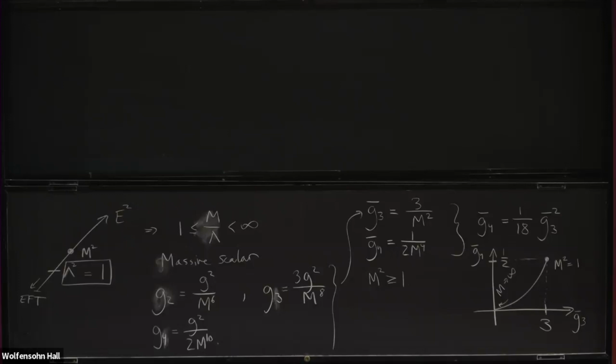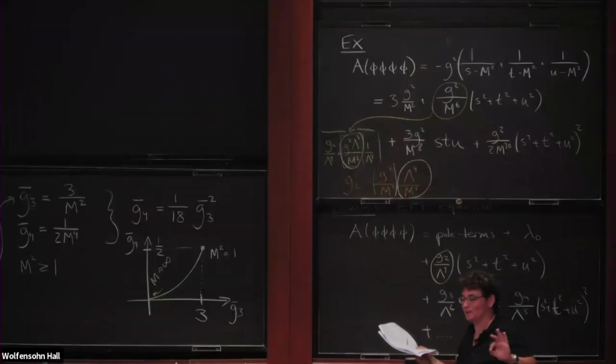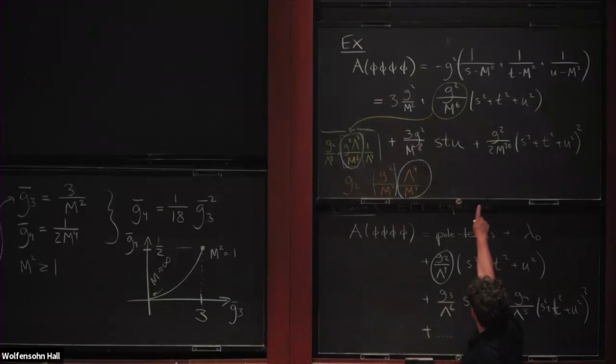So I don't want these theories to lie at different points in my space. So I'm going to divide out by something that eliminates an overall scaling in the amplitude. Instead of characterizing my space of EFTs in terms of just the couplings, I characterize it in terms of ratios of the couplings. Does that make sense?